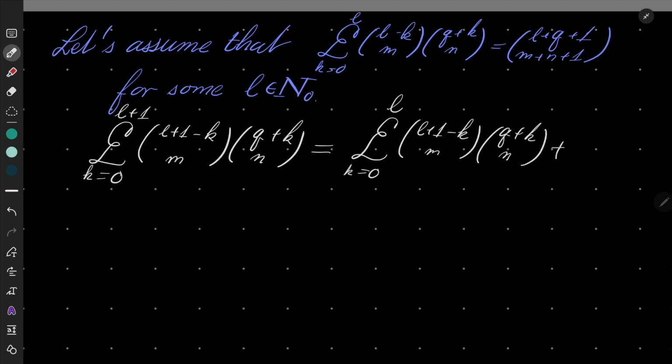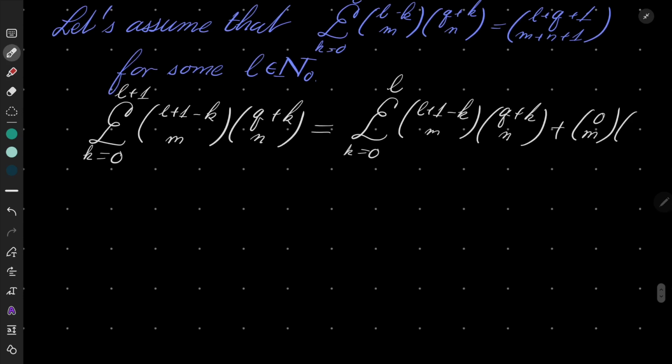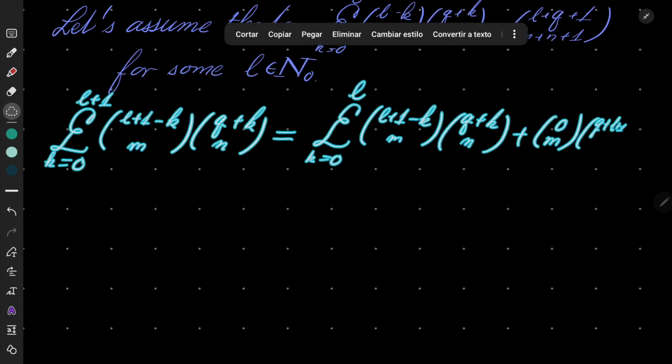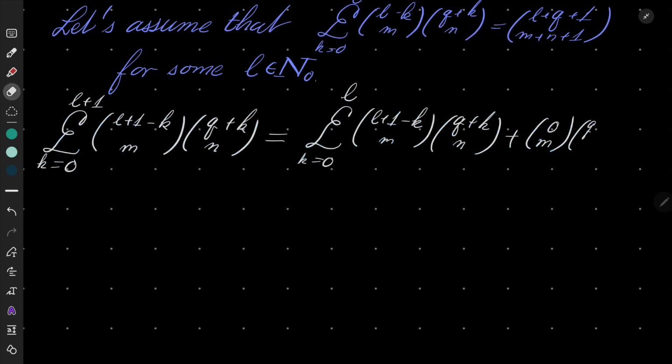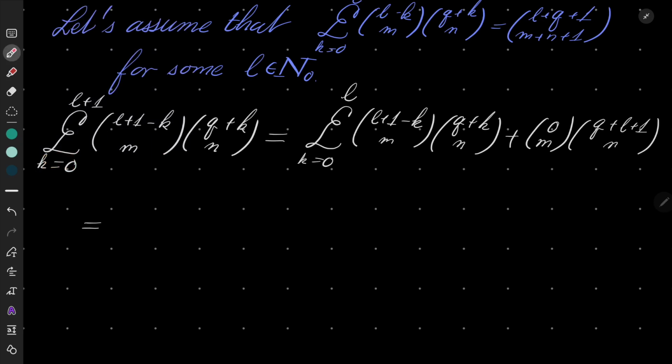And the last term is for k equals L plus 1, so it will be (0 choose m) times (q plus L plus 1 choose n). Because m is greater than or equal to 1, this number is 0. So the last term disappears.